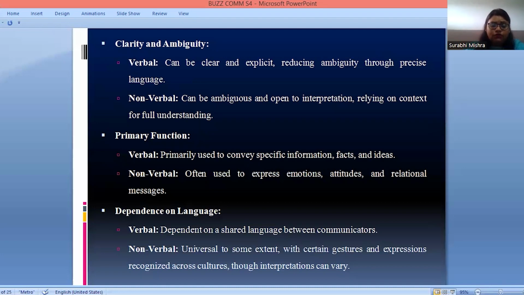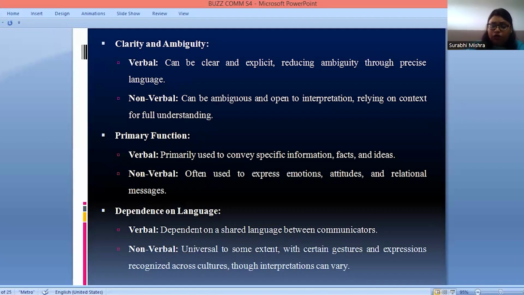The next key difference is dependence on language. Verbal communication totally depends on language, the sentences or the words, because when we talk about official communication, we do it in documentation form, right?